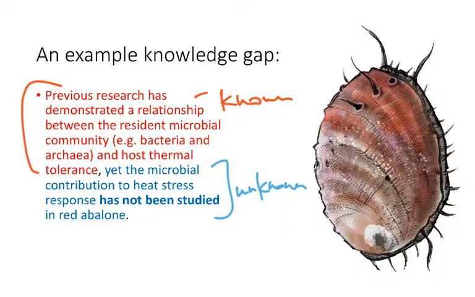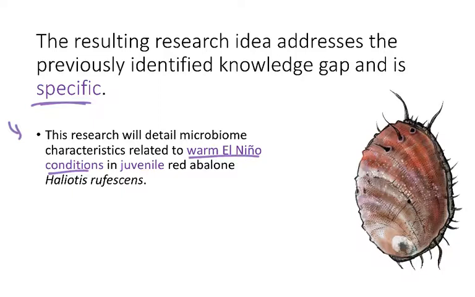It could be a really prolonged heat stress. It could be a short heat stress but a really high temperature. So there are different ways you can go about that. And so what I've done in this research idea is be specific in the sense that I explain that I'm specifically interested in heat stress that is associated with these warm El Nino conditions.